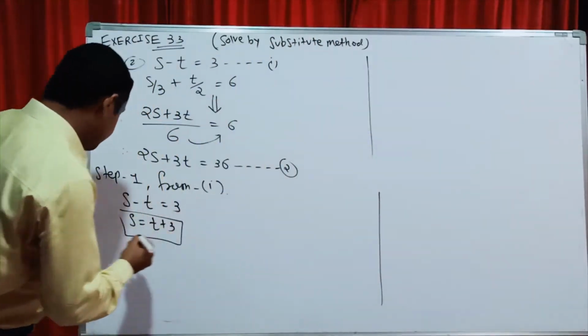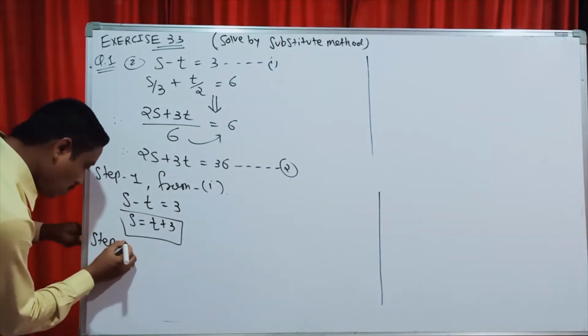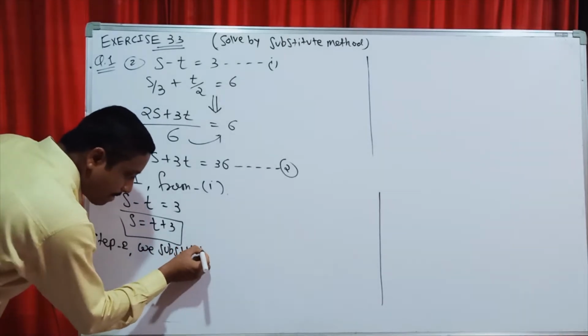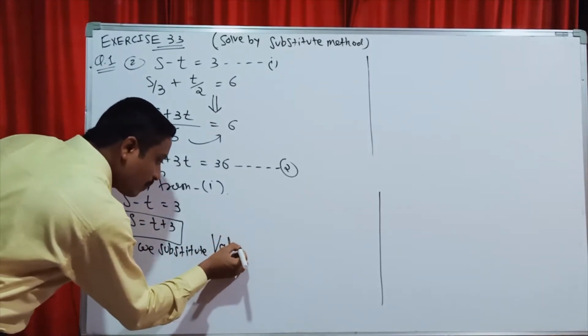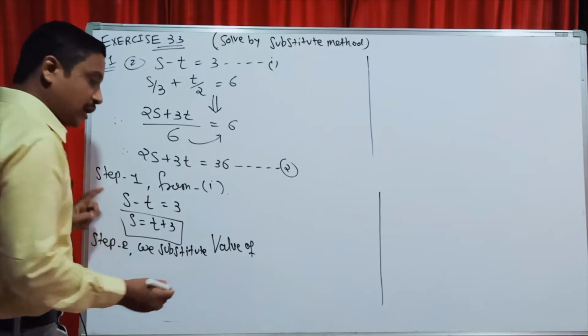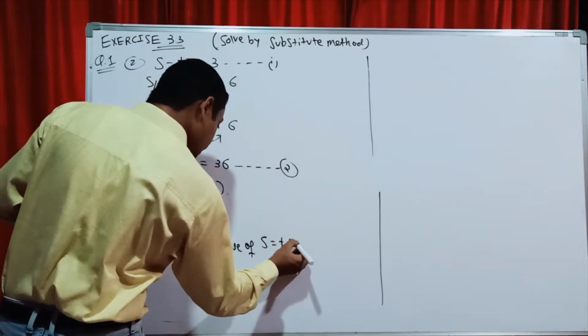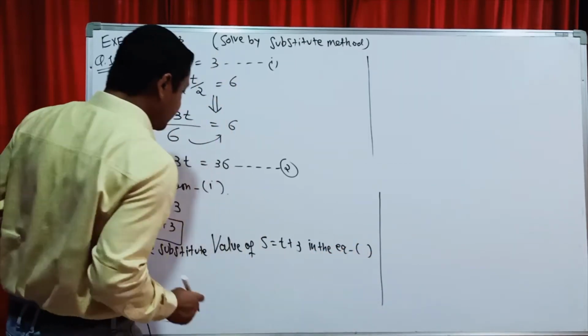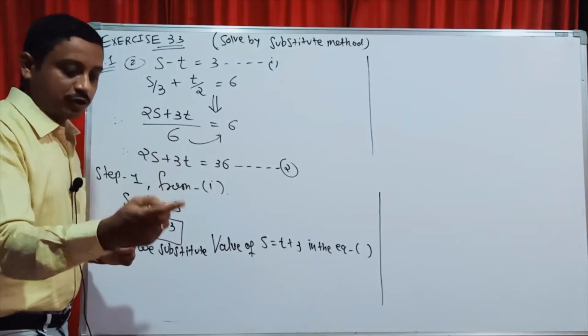So starting step 2, we substitute this value of s is equal to t plus 3 in the equation number. Yes students, this is the turning point, I repeat to you.